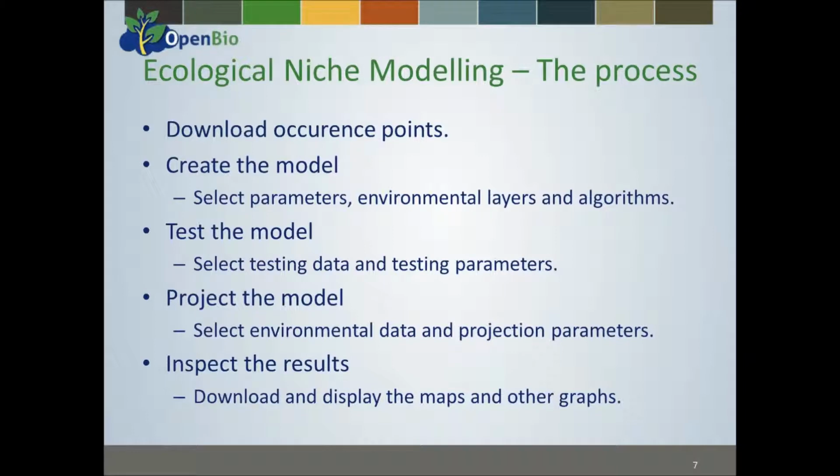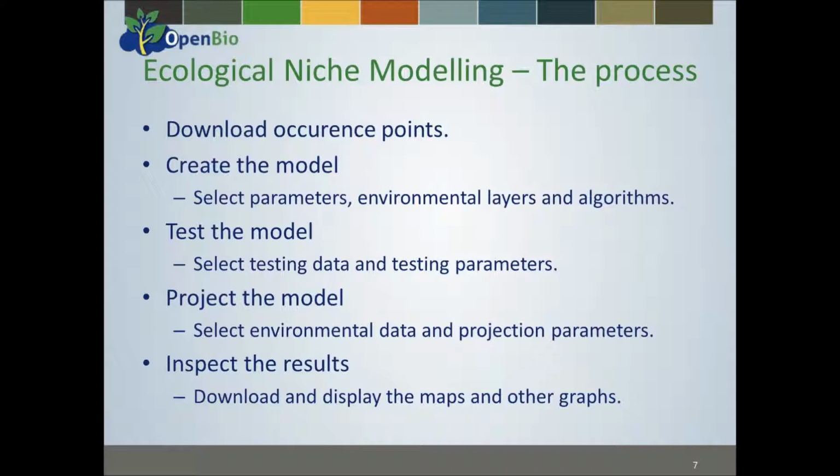The process that you will follow is, first, you have to download the occurrence points. We will not show this part in the video, so you will have to do the same as you have already done in the taxonomical analysis to retrieve the occurrence point information for the species that we will work on.